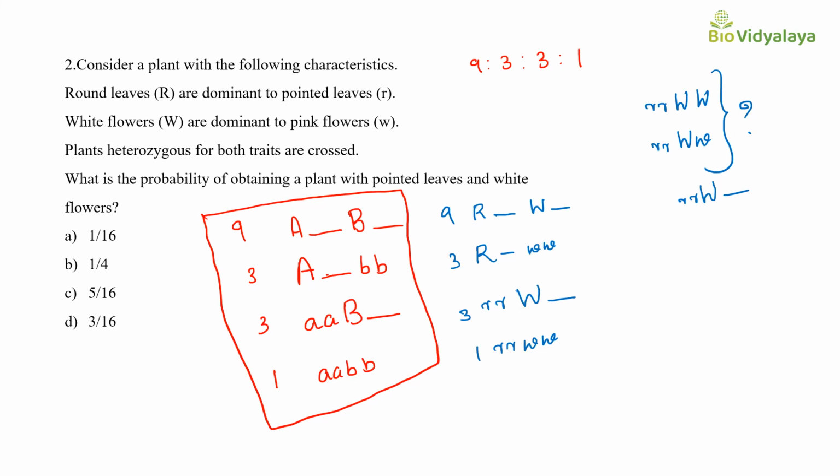So see here, small r, capital W dash. What is the probability? 3 out of 16. So the answer is 3 by 16. Okay. So you have to remember this general genotype along with the ratio. So you can easily answer such questions in your examination. Okay.